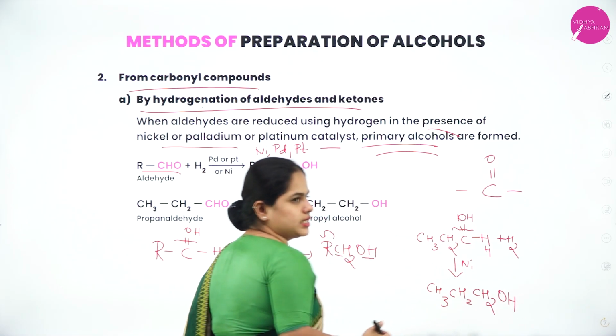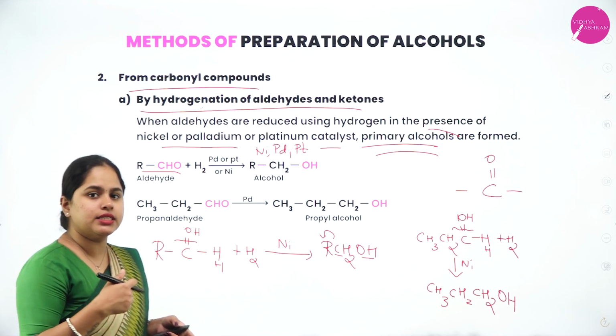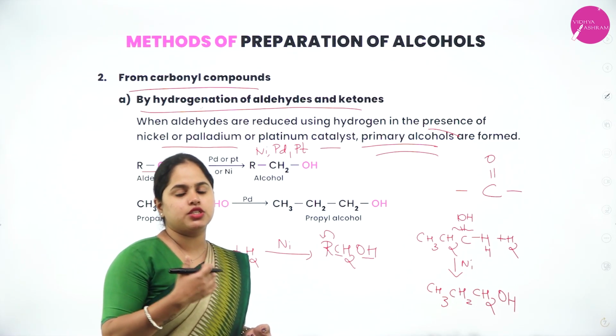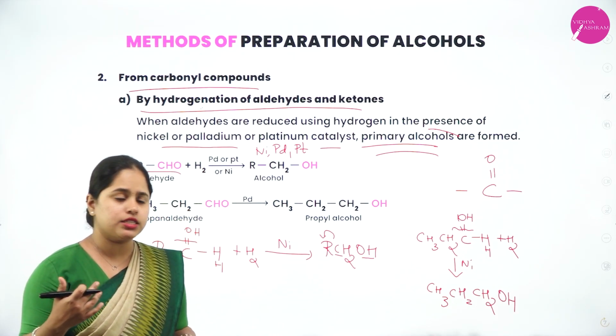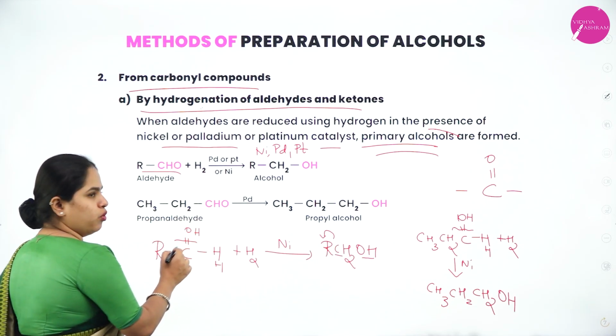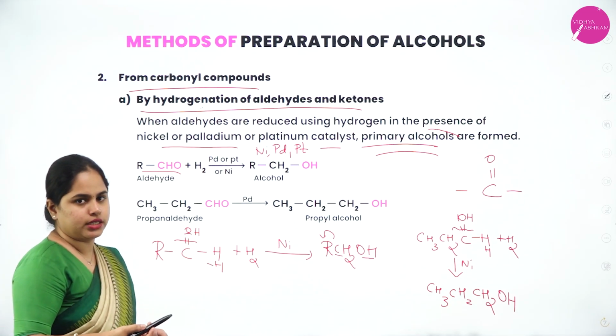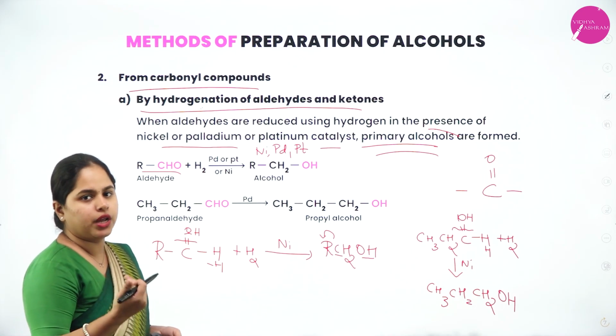CH2OH. Again this is a primary alcohol that you get from aldehydes. So aldehydes undergo hydrogenation in the presence of nickel, palladium, or platinum catalyst to give primary alcohol. You just have to remember, across this double bond C=O, you add one hydrogen here and one hydrogen to the adjacent atom. So you are going to get the corresponding primary alcohol.